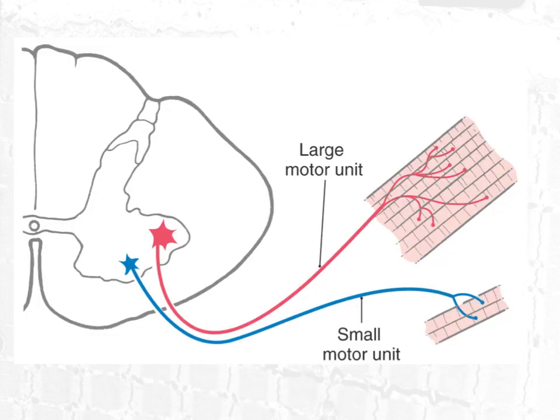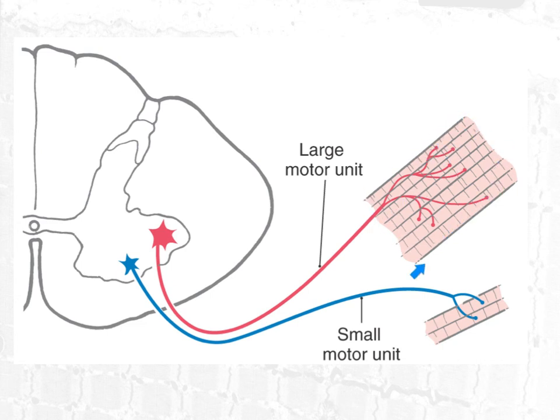So here you see the spinal cord is here, and you can see motor neurons coming out. And a motor neuron, to form a motor unit, like I said, can innervate many, many muscle fibers. If this was in the leg, for instance, there are some really large muscle groups, the quads and the hamstrings, that are going to have large motor units.